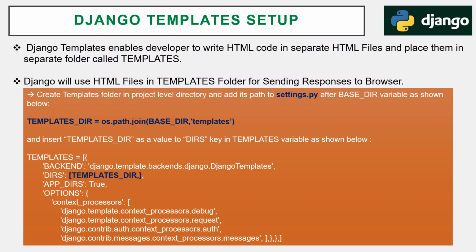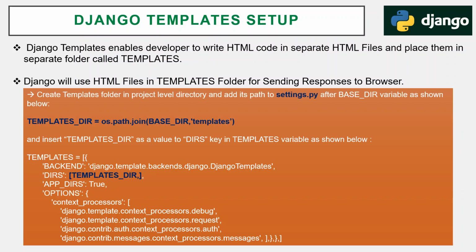Okay, so in the last class what we did is we simply developed one view function, received the request and sent the response as an HTTP response, and in the parenthesis we just typed a simple string.